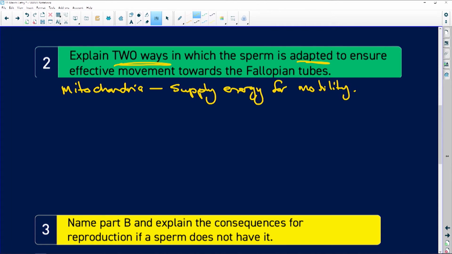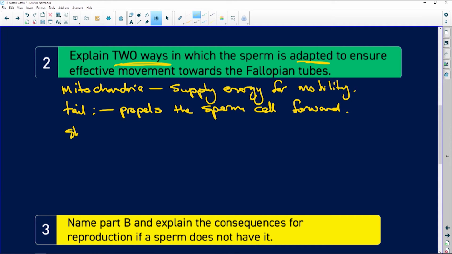Okay, the next one is the tail. What does the tail do? The tail propels the sperm cell forward. Or you could say the tail is for swimming, same thing. The third one is the shape. So what kind of shape does it have? It has a torpedo shape or a bullet shape.